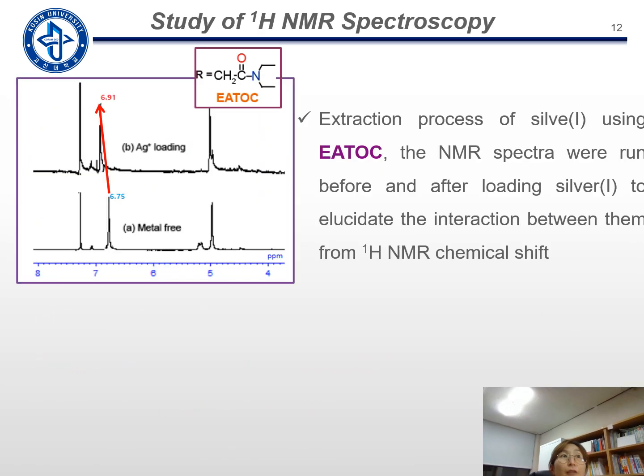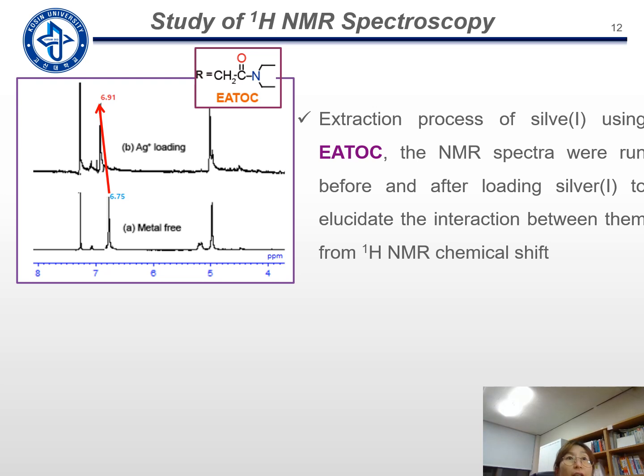After that, in the extraction process of silver ion using EATOC, the NMR spectra were run before and after loading silver ion to elucidate the interaction between them from the proton NMR chemical shift.